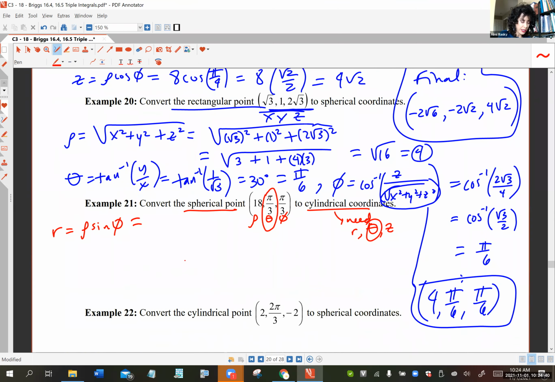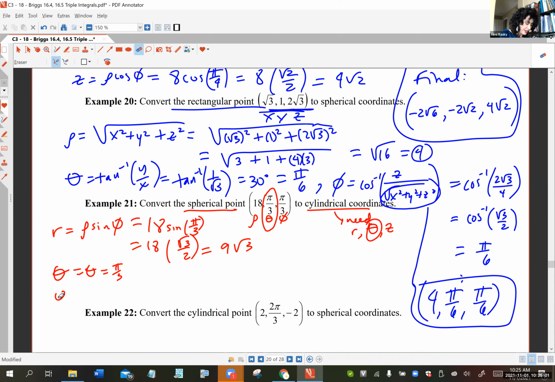So that's going to be 18 sine pi thirds, and that looks like it's going to be 18 times square root of 3 halves, which reduces to 9 square root of 3. And then we just said that theta is equal to theta, so that's pi thirds. And then z is dependent on phi because you need rho cos phi.